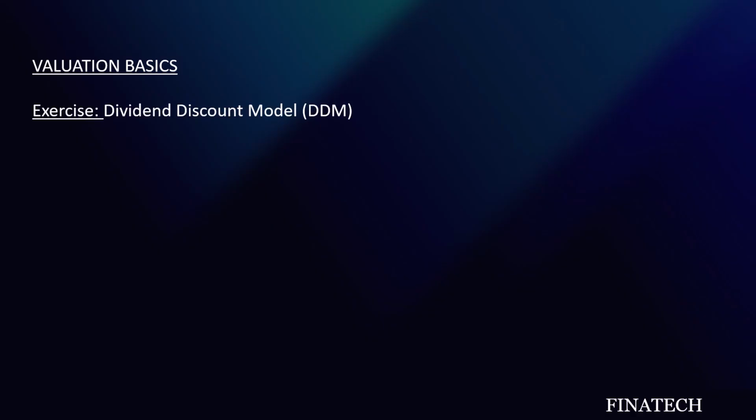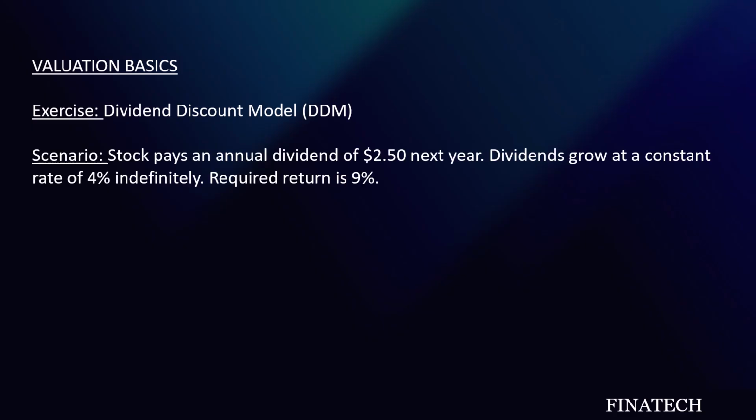Valuation basics. Exercise: dividend discount model, DDM. Scenario: a stock pays an annual dividend of $2.50 next year. The dividend grows at a constant rate of 4% indefinitely.